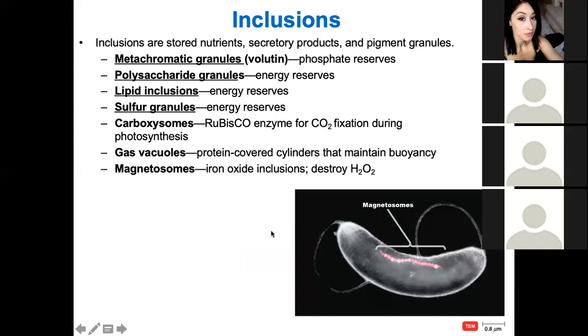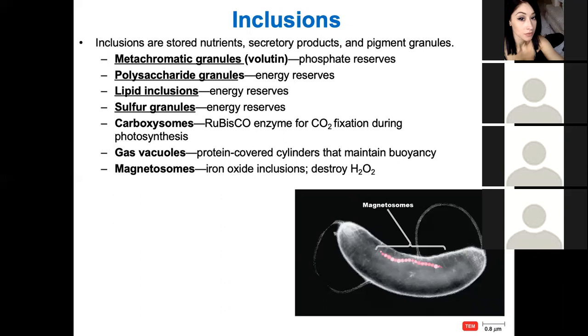Apart from that, inside the cytoplasm of prokaryotes, there are many, many other kinds of inclusions, that is, large collections of molecules doing certain specific things. You don't need to remember all of them. I've underlined 4 that I particularly want you to remember. But first of all, this is very common. These are called metachromatic granules.